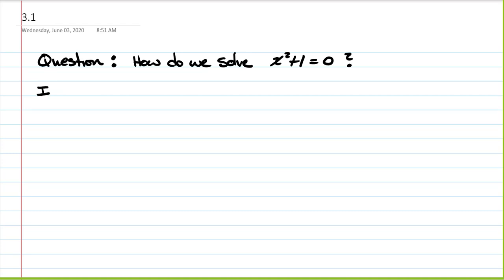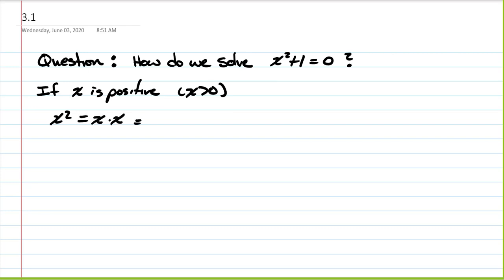So if x is positive, that is, x is greater than 0, then x squared would be the same as x times x, but since x is positive, that would be a positive times a positive, and if you multiply a positive number by a positive number, the result would also have to be a positive number.